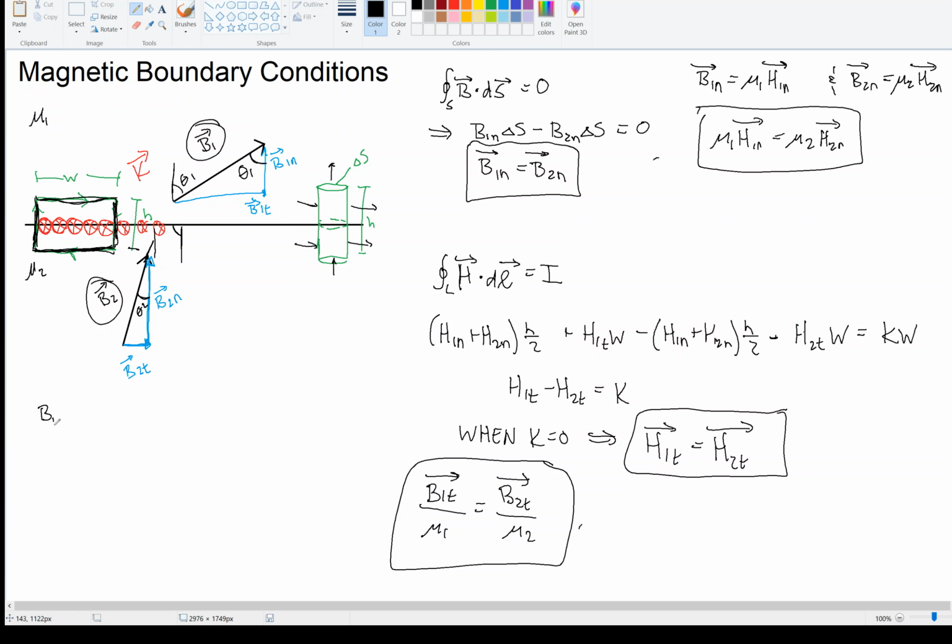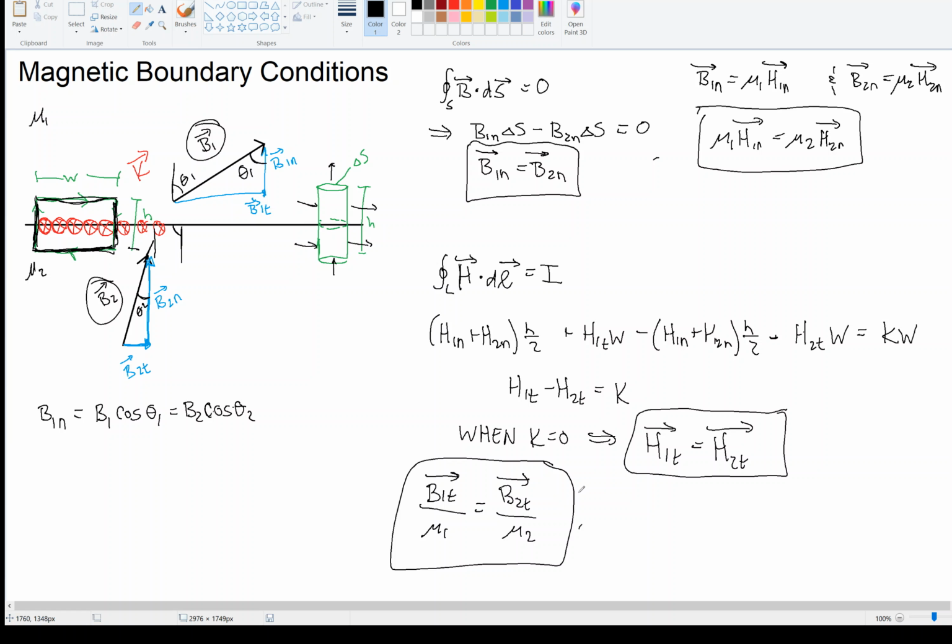B1 normal, just the magnitude, is B1 times the cosine of theta 1. And that has to equal B2 normal, so B2 cosine of theta 2.